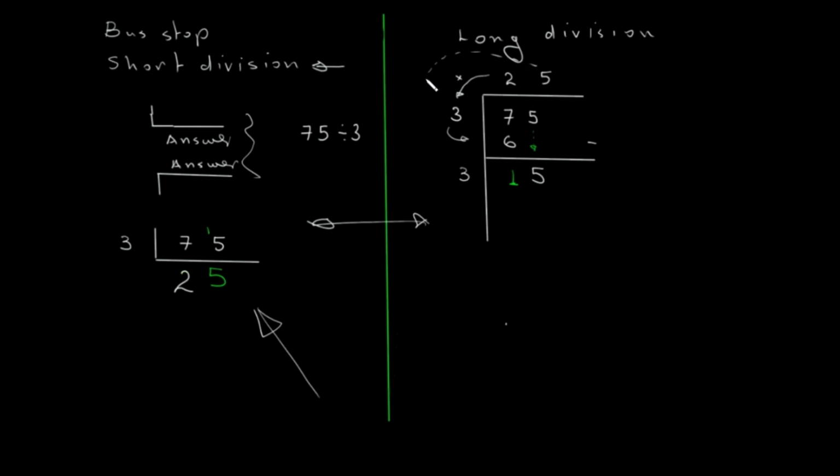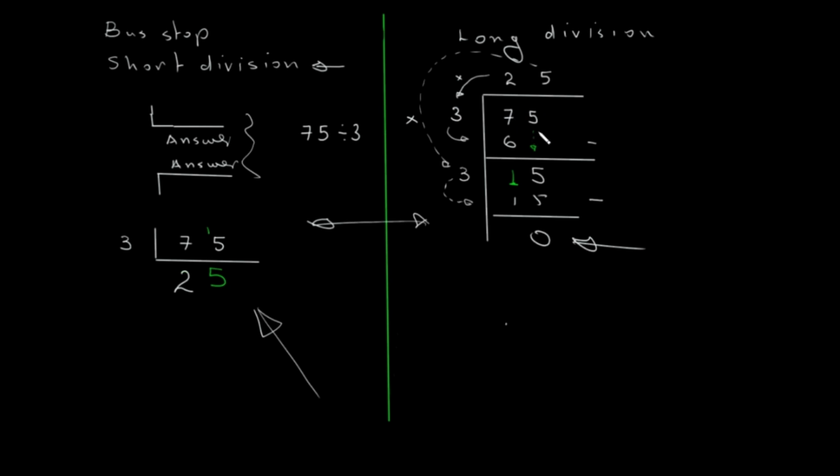That multiplies the 3, which gives me the 15. Do the subtraction, and you get 0. When you get 0, you know that the number that you're dividing by fits exactly into that. You've finished.